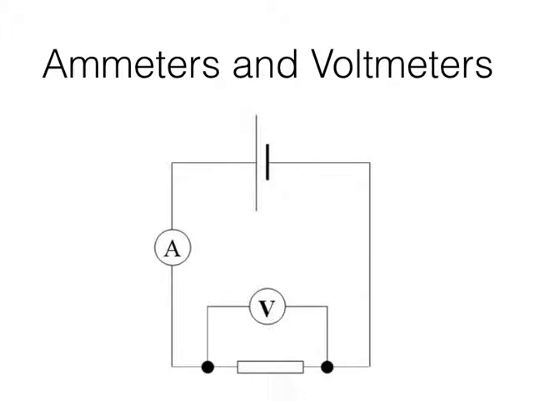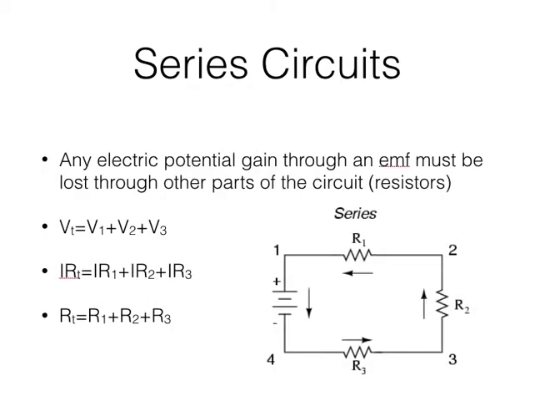If it's in series though, here, if I put the voltmeter at this point and this point, then I would read the potential difference in the battery. But if I move it here to here, I would measure the potential difference of resistor 3 only. And here, resistor 2, and here, resistor 1.